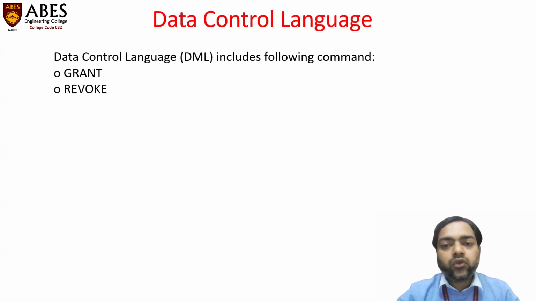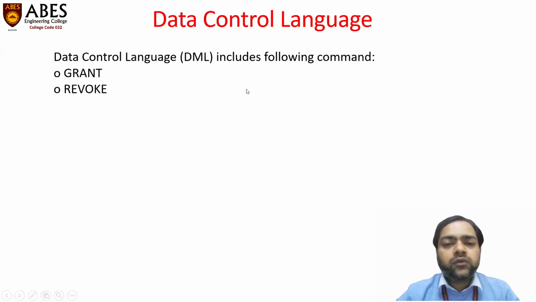Next, we have data control language. So what does it mean? It means how you can control your data from the different users. It will allow us to grant or revoke the permission to those users, right? So if we want any user to access the data, we can grant the permission with the help of this grant command.